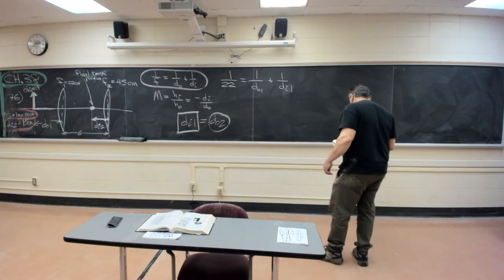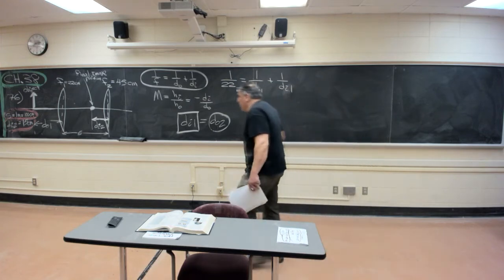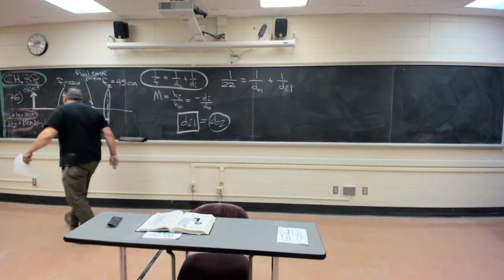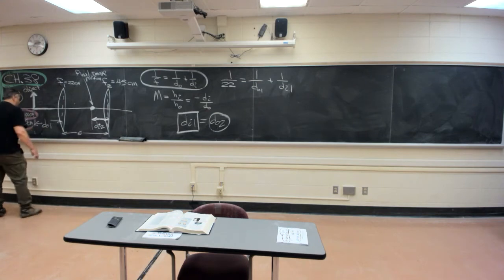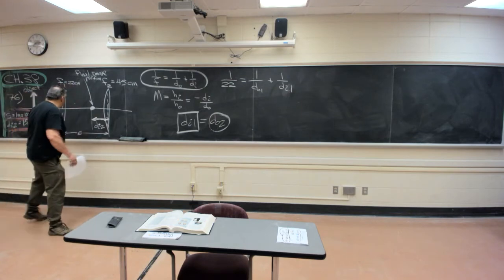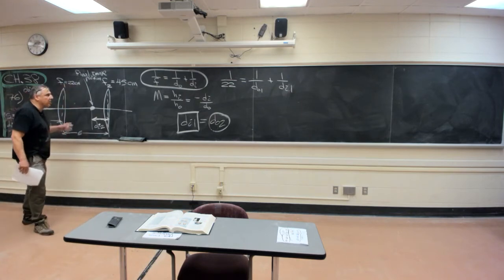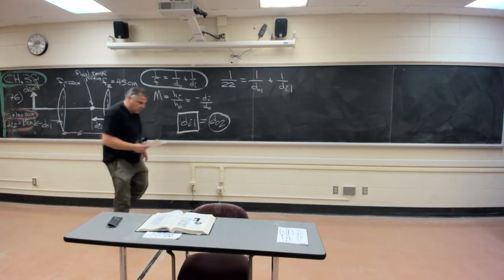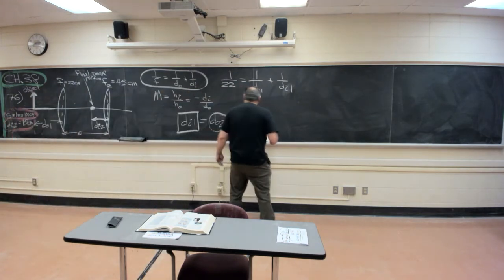Well, the math itself is pretty fascinating. We don't right off the bat know what DO1 is, and we don't know what Di1 is. So let's see what we can do.